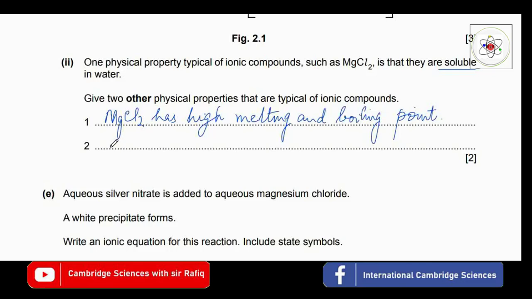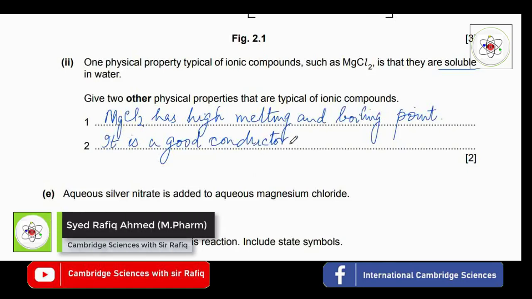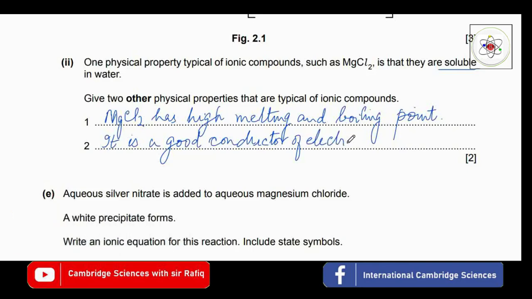And the second property you can write as conductivity, because magnesium chloride is a good conductor of electricity, but conditionally, because an ionic compound needs free ions to move, and that is only possible when the physical state is liquid, whether molten or dissolved in water to make an aqueous solution, right?